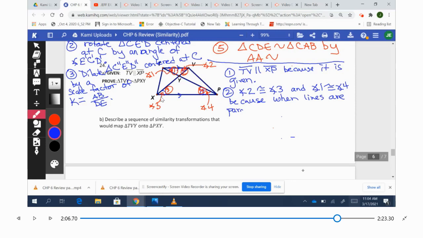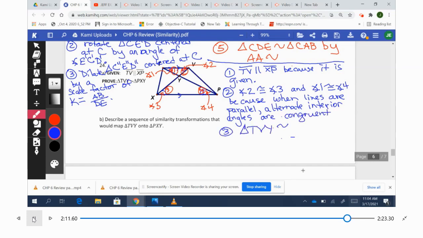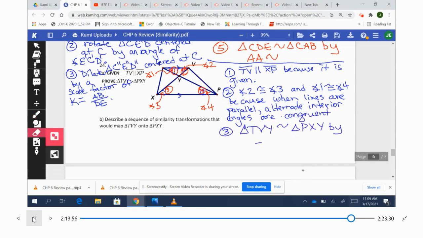I'm sorry, this is the regular z. And then 1 and 4 are congruent because of the backward z, the inside corners. Those are alternate interior angles. And when lines are parallel, alternate interior angles are congruent. Okay, that's actually enough for similar triangles by angle-angle similarity.